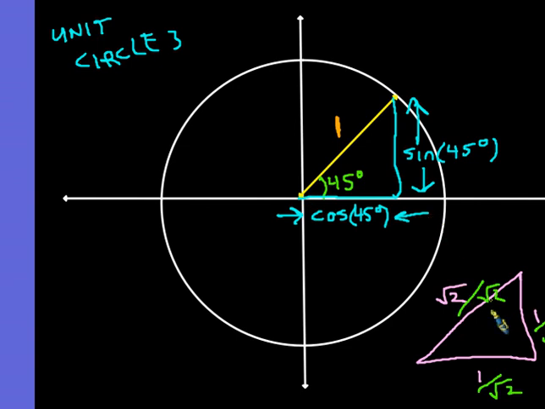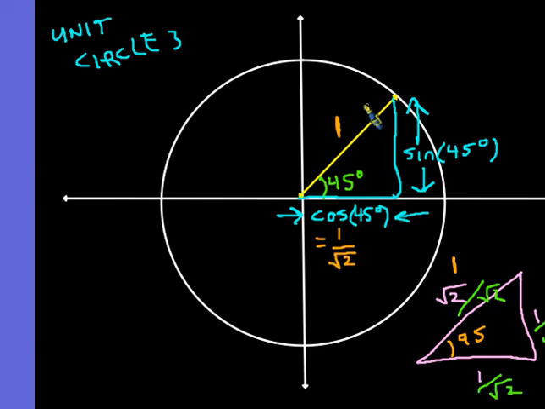So what I'm trying to say with all this talk about these sides, this 45, 45, 90 triangle, is that this side right here, if we have a 1 up here for the hypotenuse, then this side will be 1 over square root of 2, and this side will be 1 over square root of 2. And that means this cosine of 45 right here, it must be equal to 1 over square root of 2.